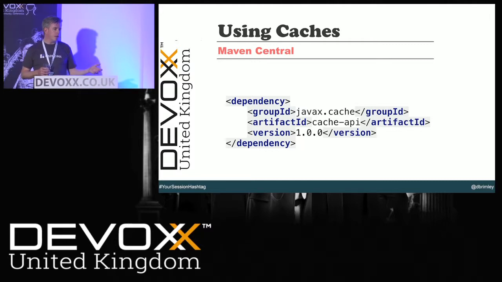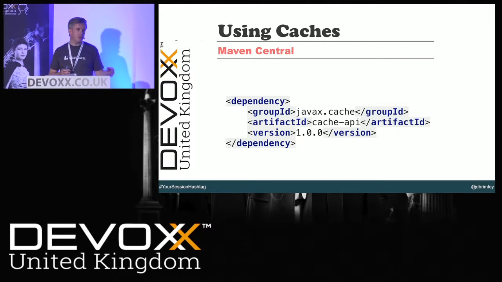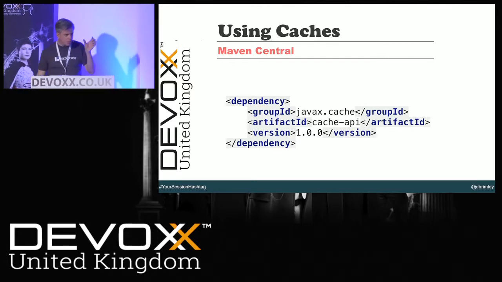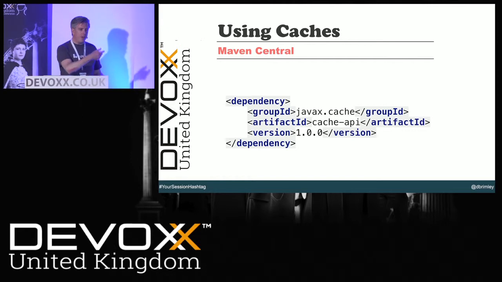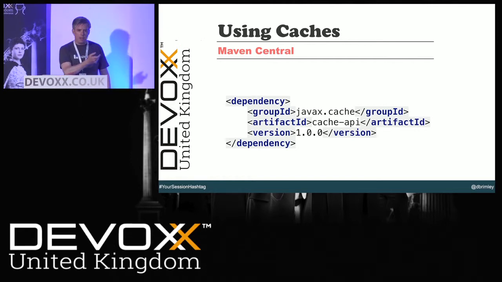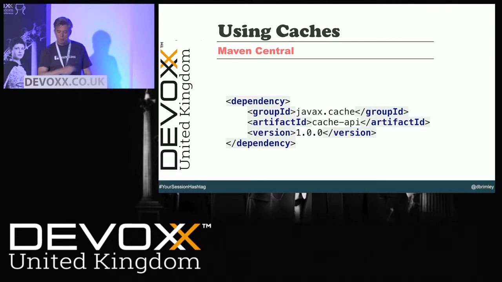So there's the Hazelcast jar you can use, and it's embedded within Hazelcast. If you use Oracle Coherence, there's an extra jar I think you need to download. So all of the vendors will have a jar that will be their JCache jar as well. So you have that, and you have your vendor jar or Maven dependency, and you should find that if you code to the JSR107 API, you can just switch around with your vendors.